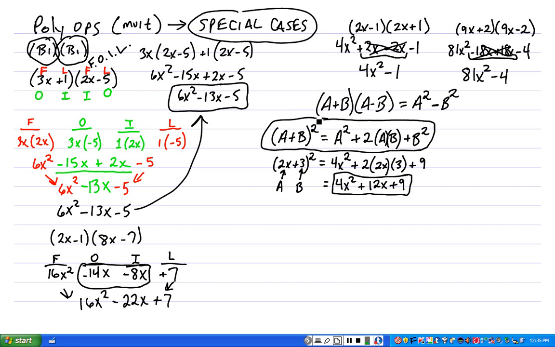But again, if you understand what we were doing with the previous problems, when we were talking about the horizontal method, then if I gave you 2x plus 3 squared, and you understand that square means to multiply something by itself or to write it down 2 times, then you would take this and rewrite it like this.